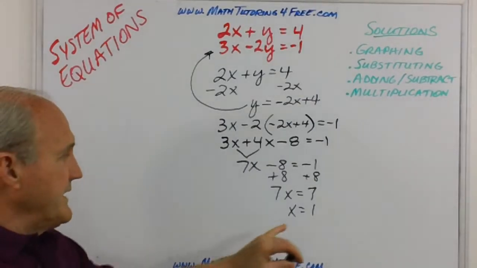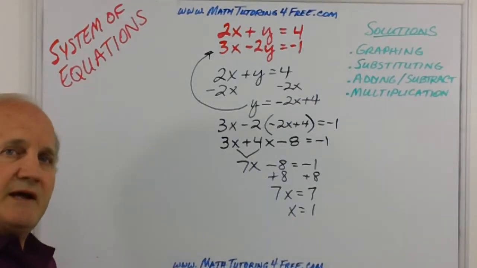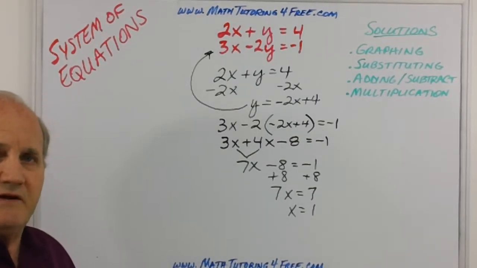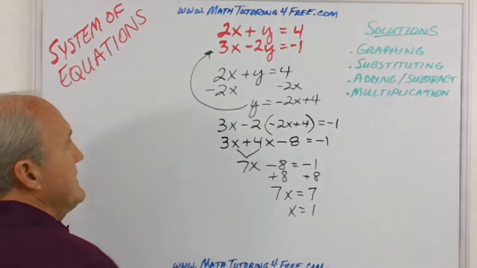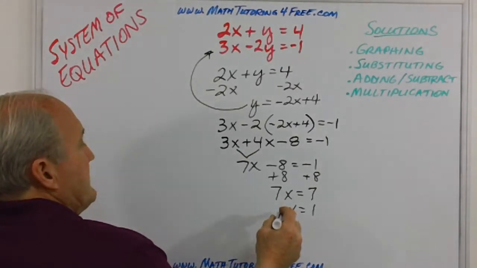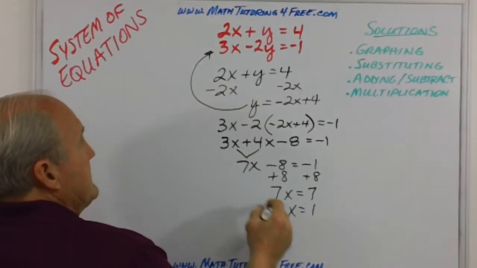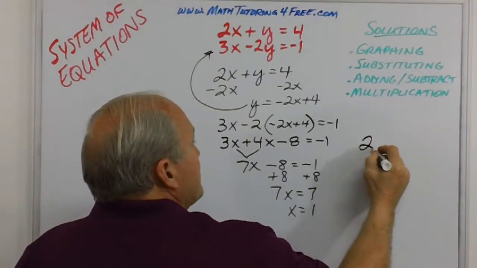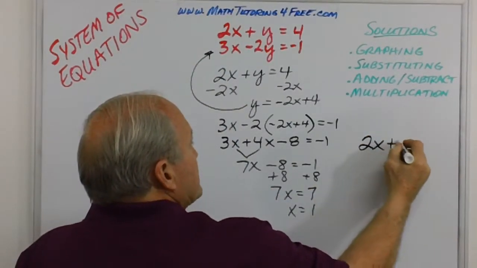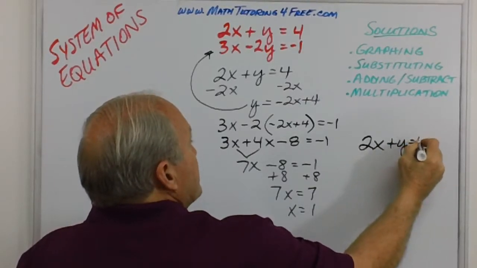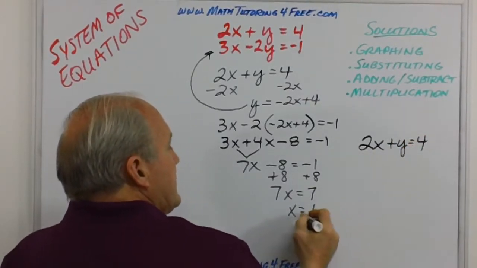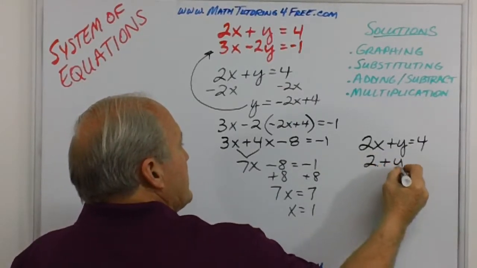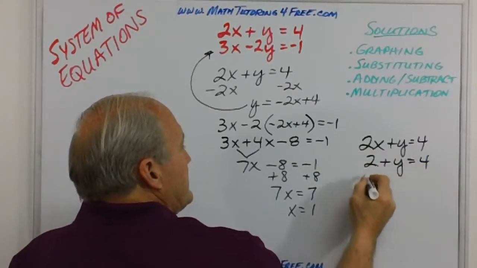Now, we take that 1 and we can put that back into either equation and find out the corresponding value for y. Let's substitute it back into the first equation. We have 2x plus y is equal to 4. x being 1, this becomes 2 plus y is equal to 4.